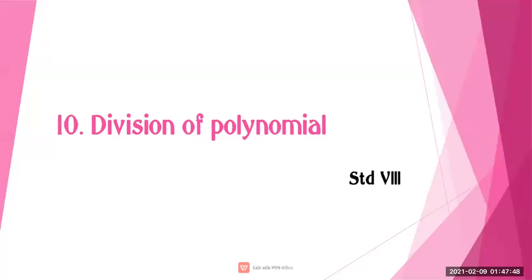Only one thing has been added, that is the division of polynomials. Next is the degree of polynomial. Degree means the greatest index of a variable in the given polynomial.